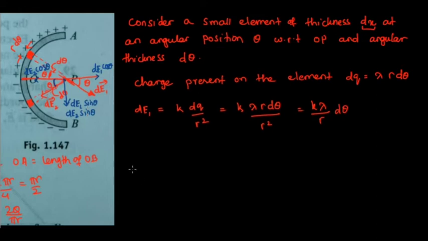They have the same magnitude but different direction. So dE2 also has the same magnitude, k lambda d theta divided by r. It means dE1 cos theta and dE2 cos theta have equal magnitude, opposite direction.